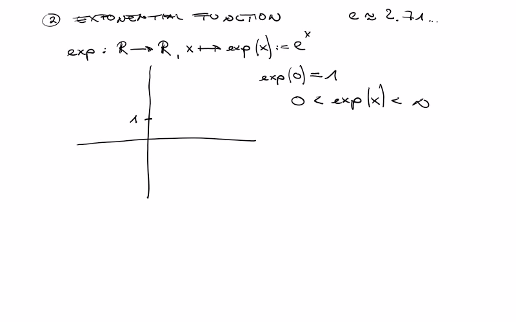And then actually the important thing is that you, in a way, have this graph in your head when you think about the exponential function. So that's essentially how it looks. Yeah. So it's always positive.